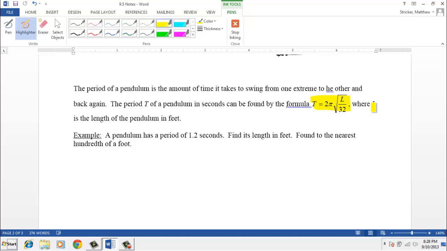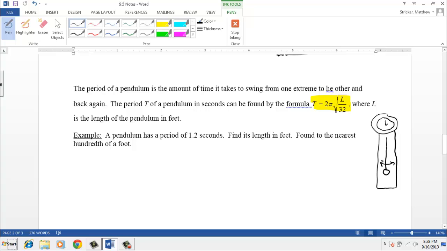A pendulum has a period of 1.2 seconds. By the way, if you don't know what a pendulum is, a lot of times they happen on old grandfather clocks. You have this clock with an hour hand and a minute hand, and it has this little case down below, and usually there's this arm that extends down with kind of a little ball at the end, and it swings back and forth, and that's what helps keep the time.